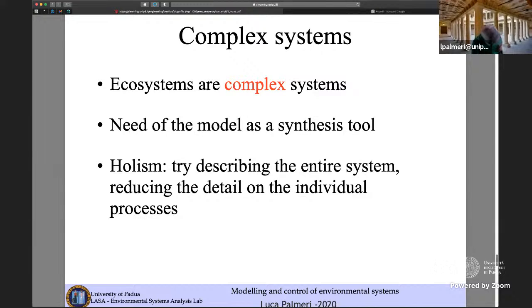As we will see, we will not try to include all the detail on all the processes into the ecological model, because the model simply becomes too complex and not manageable even from a computational point of view.